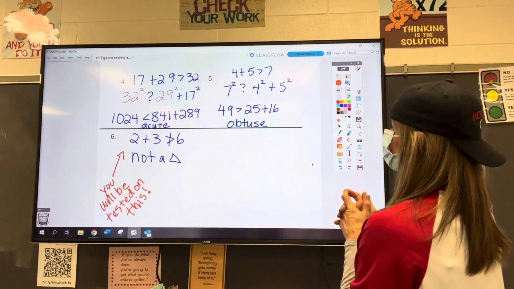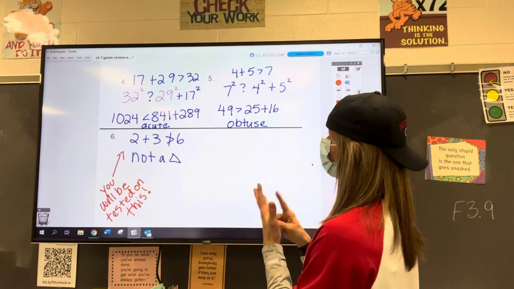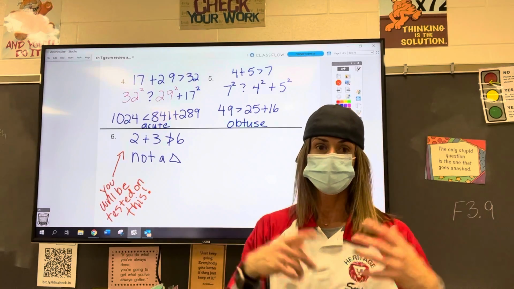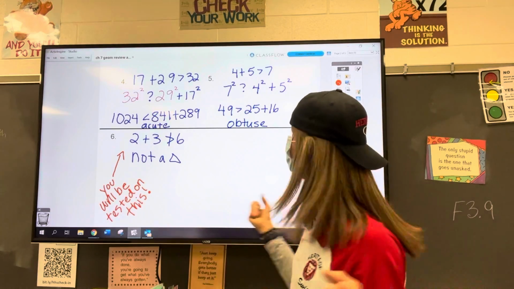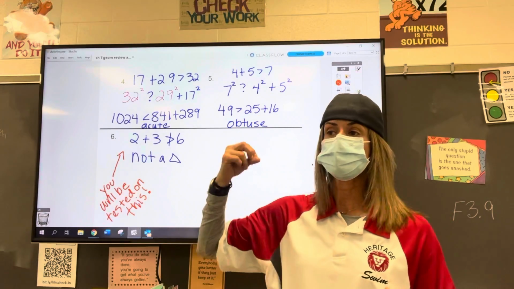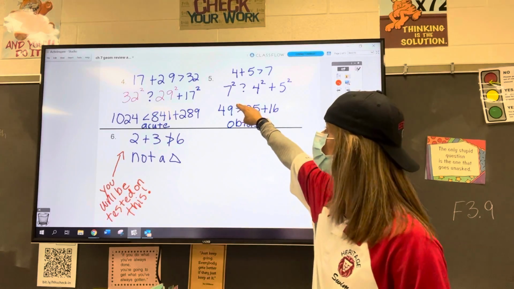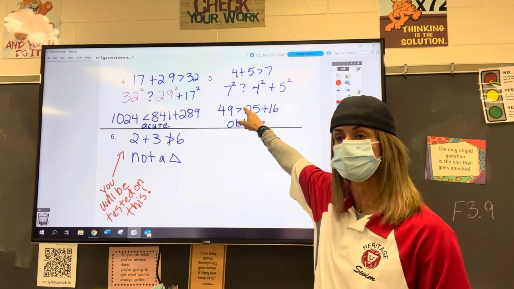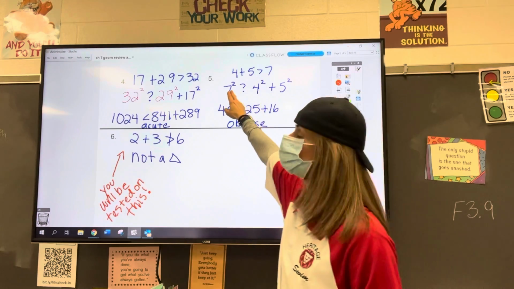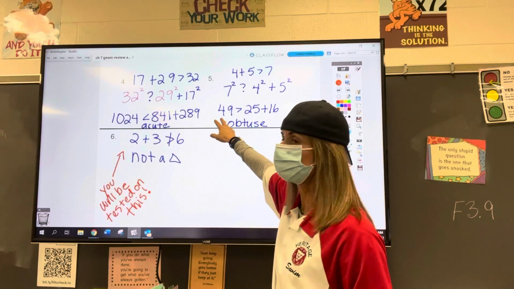Number 5. The numbers that we're asked to find if they form a triangle are 4, 5, and 7. 4 plus 5 is greater than 7, so it forms a triangle. Now, 7 has to be the C because 7 is the largest number. So c squared, is that greater than, less than, or equal to a squared plus b squared? 7 squared is 49.